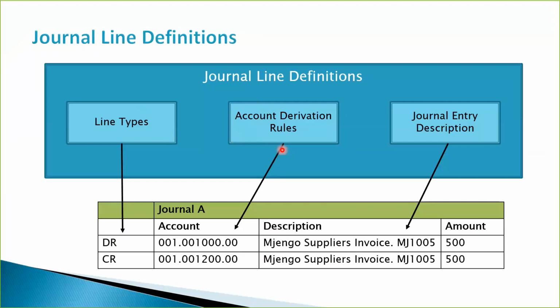The logic we define in the account derivation rules will do other things, for example, how the account combination is obtained: segment by segment, or picked as the whole account from the flexfield.